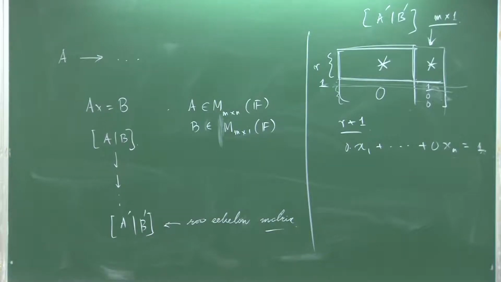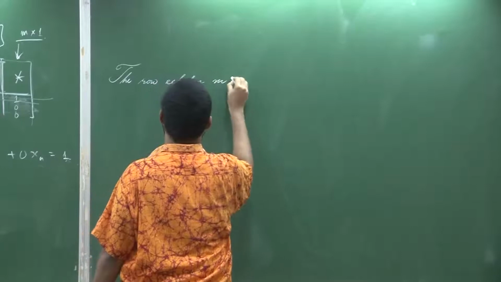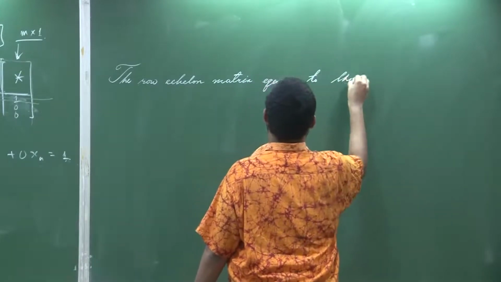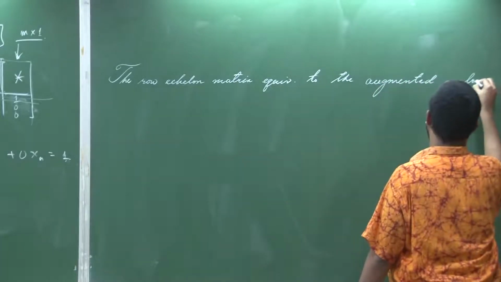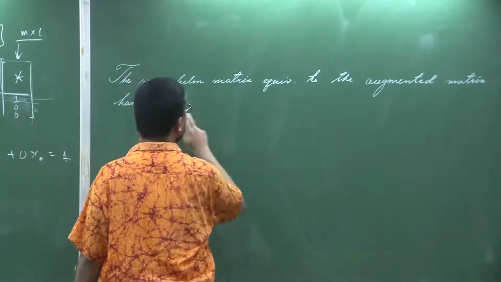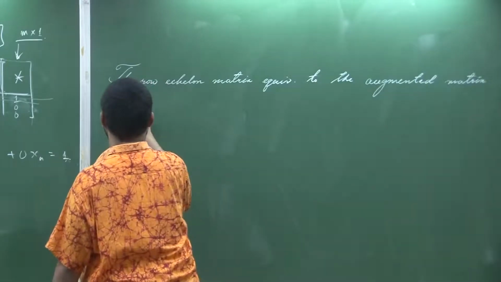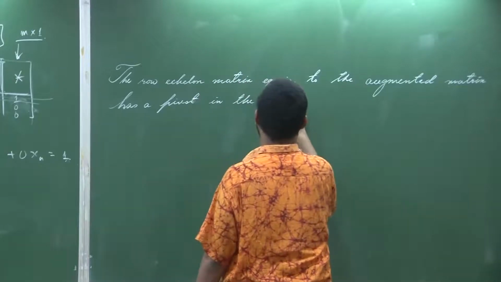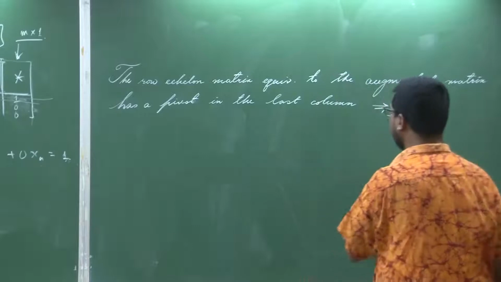Let me write that. If the row echelon matrix equivalent to the augmented matrix has a pivot in the last column, this implies the given system has no solution.